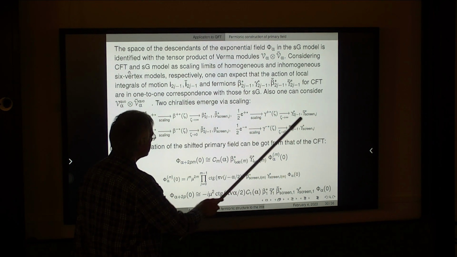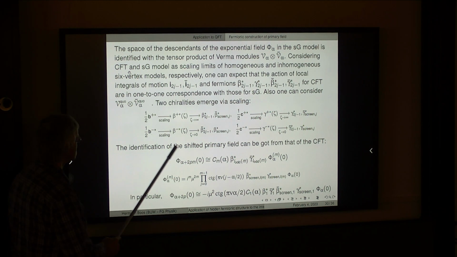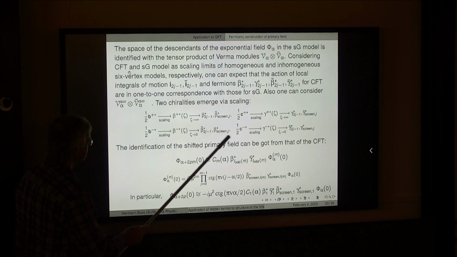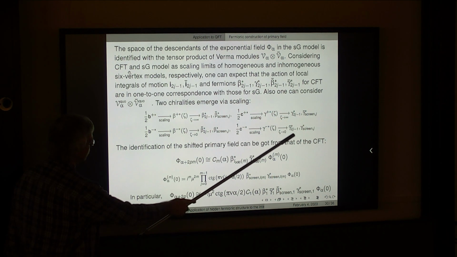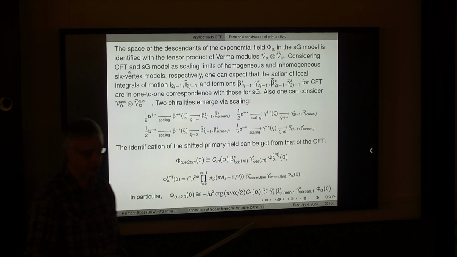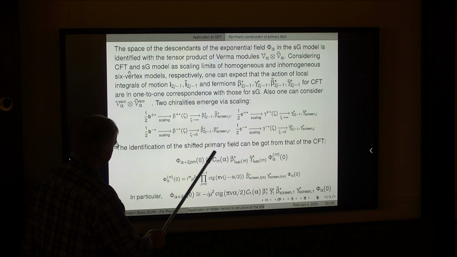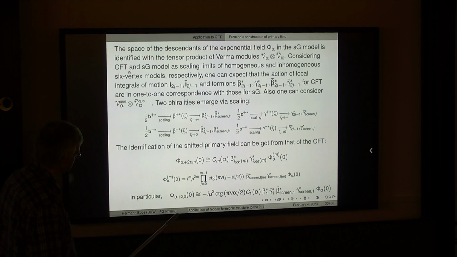Here we have gamma star and gamma bar star. For B minus, we should take after scaling zeta going to 0, and then we get another chirality actually, the opposite chirality. So identification of the shifted primary field can be got from that of the QFT.